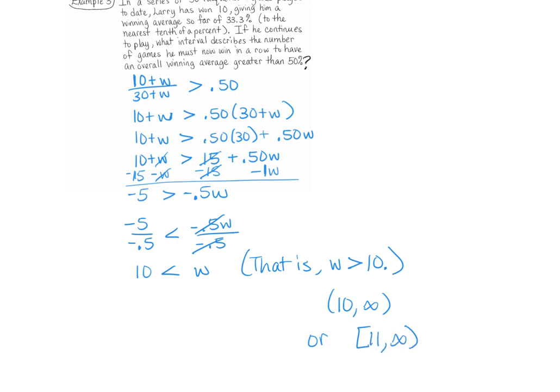So why even consider writing this? It says if he continues to play, what interval describes the number of games he must now win in a row to have an overall winning average greater than 50%. To have a winning average greater than 50%, we know that Larry has to win 11 or more games. And this is how we can represent our answer.